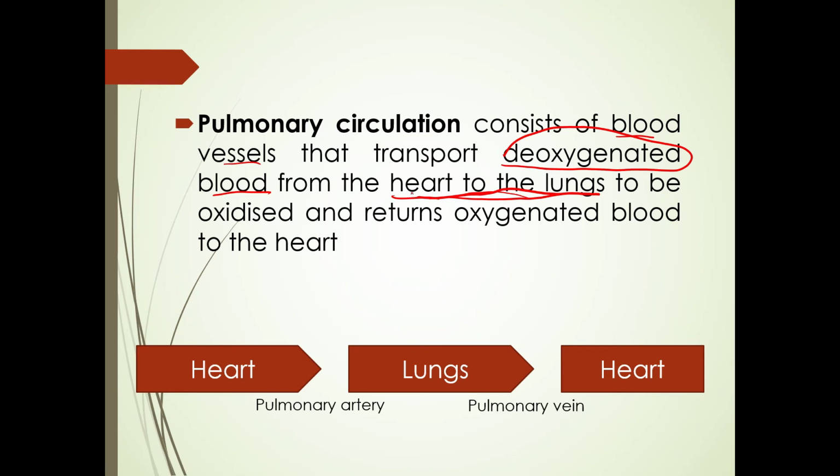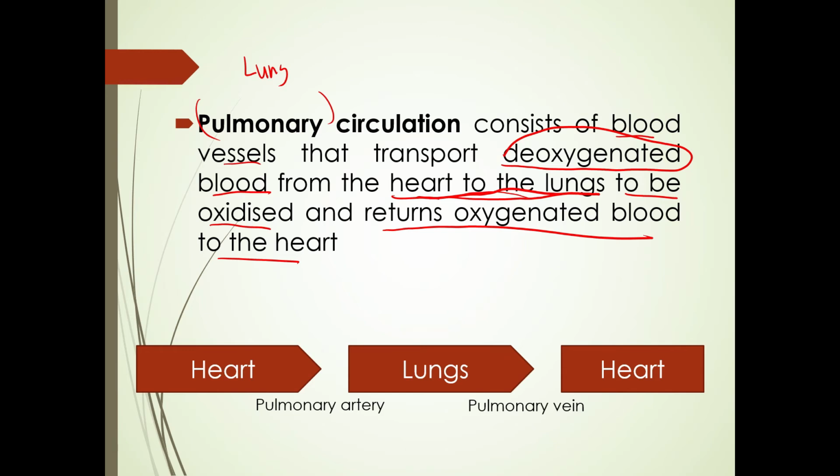So it carries the deoxygenated blood from the heart to the lung, so it can be changed again to oxygenated blood, and return oxygenated blood to the heart. The meaning of pulmonary is the lung. This is the scientific name. That's why we call it pulmonary circulation, because it involves the lung in this circulation.